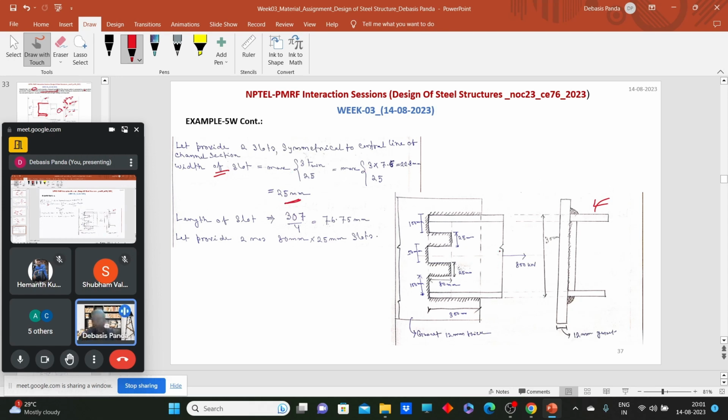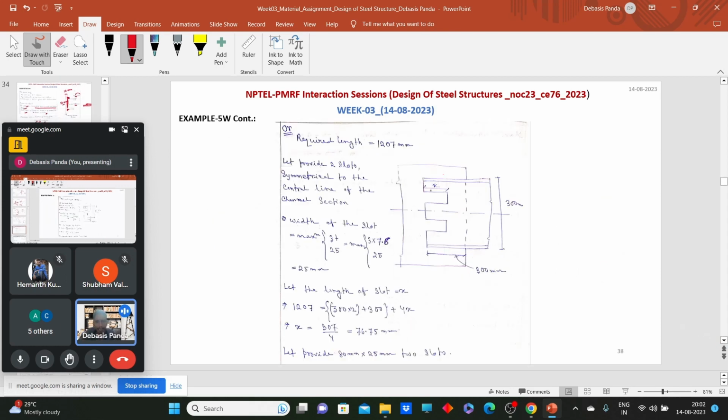Now how many slots would there be? How can we calculate this? We can calculate easily. Let's provide two slots symmetrical to the CG of the bolt group. Now the 900 mm available length will be added to the length of the slots we provide. If we provide two slots, we have this length, this length, this length, and this length.